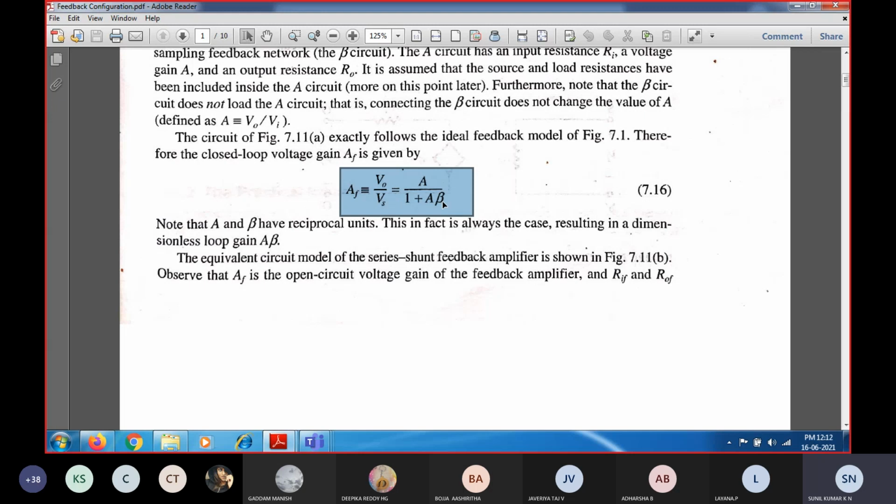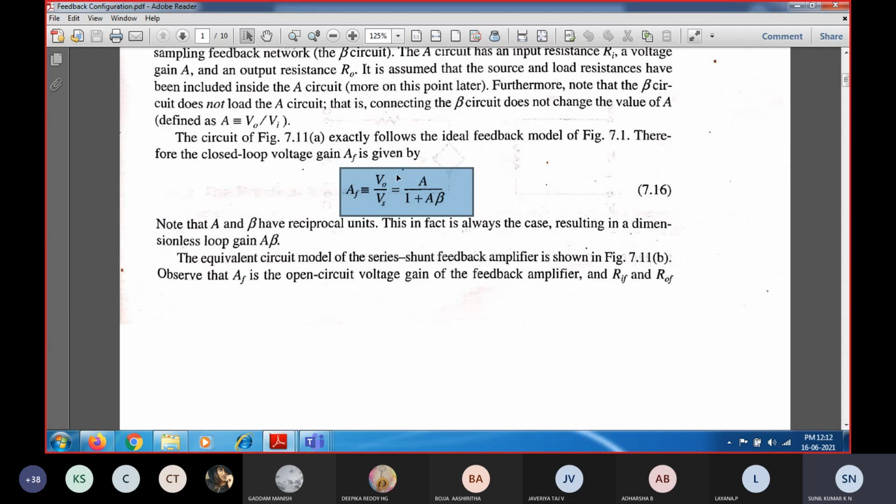The feedback gain is going to remain the same whatever type of configuration you have, series shunt, shunt series, series or shunt. That means for any of the four different types of configuration, the feedback gain is not going to change. It remains the same as A over 1 plus A beta, because we have developed this gain for the general feedback structure for negative feedback.